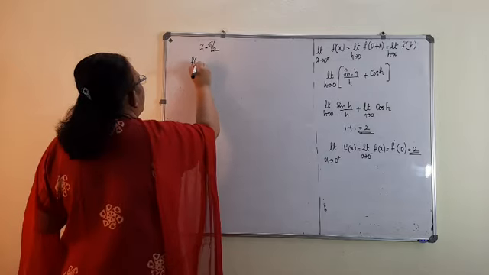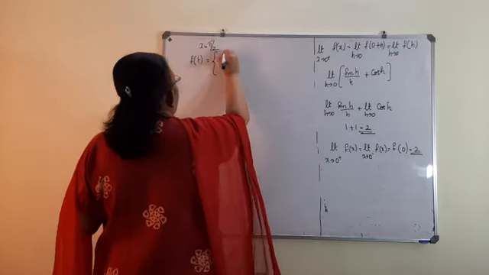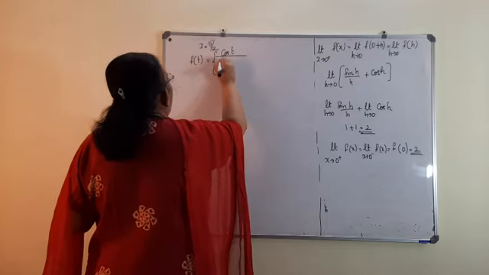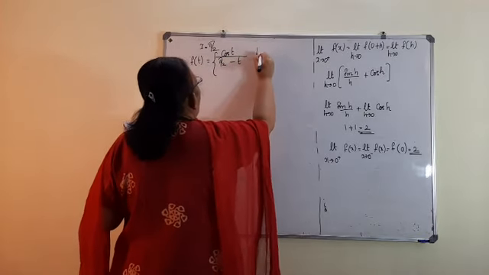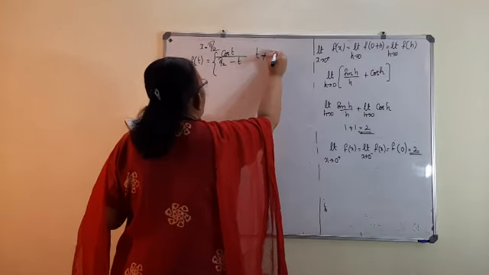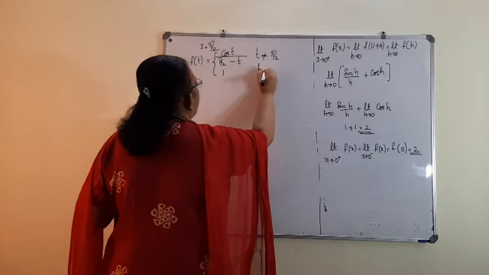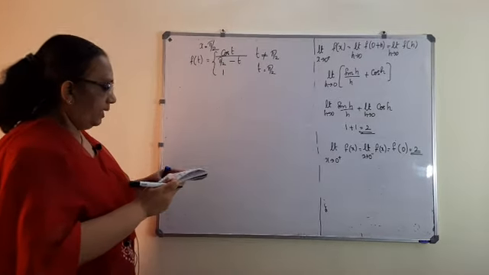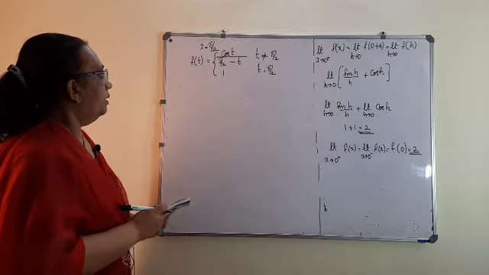F of t is equal to cos t divided by pi by 2 minus t, t not equal to pi by 2, equal to 1 at t is equal to pi by 2. So you have to check the continuity at the point t is equal to pi by 2.